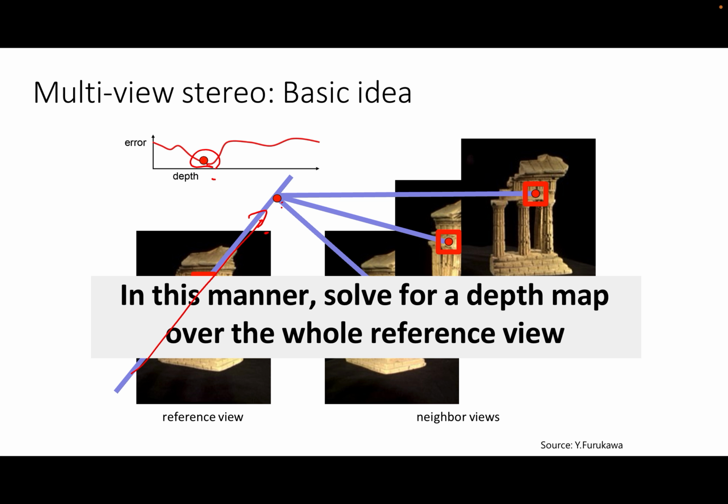So we can repeat this. In this manner, we solve a depth map over the whole reference view. For each pixel, of course, we can use parallel computation to calculate this kind of errors. We measure error and depths for all pixels at the same time in a parallel way. Anyway, we just measure error and depths and pick the depth whose error is minimal. So in this manner, we can solve a depth map over the whole reference view.